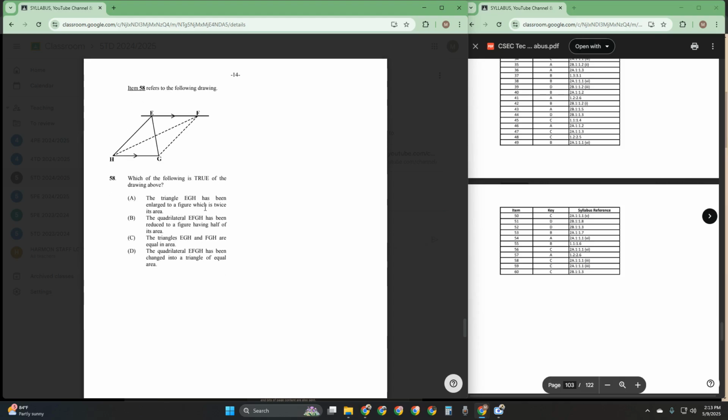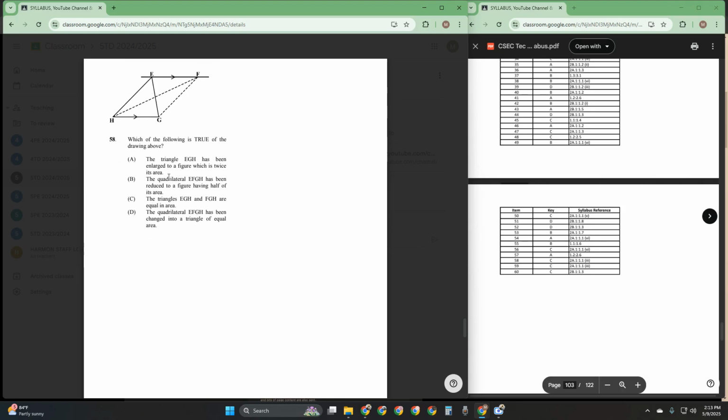58. Which of the following is true of the drawing above? The triangle EGH has been enlarged to a figure which is twice its area. Okay. The quadrilateral EFGH has been reduced to a figure having half of its area. All right.